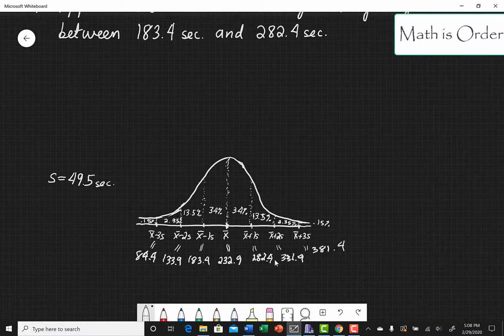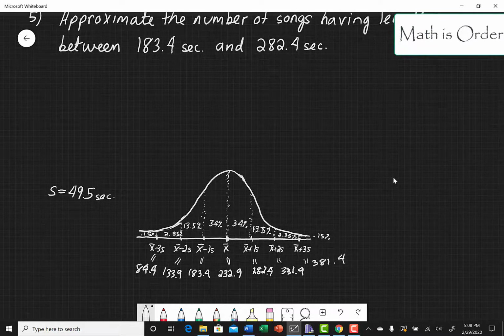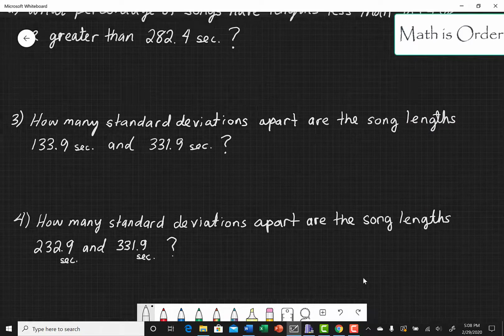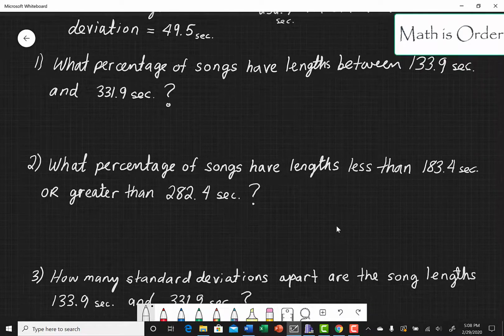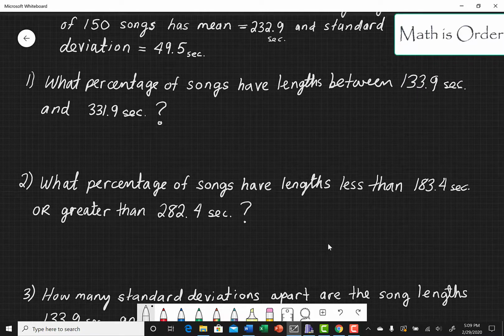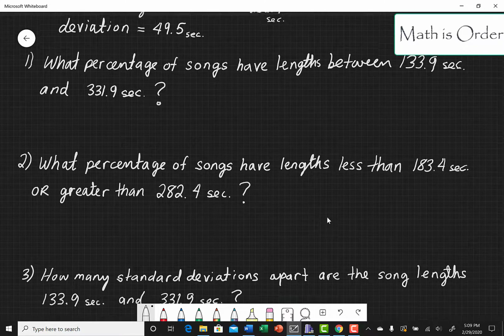All right, now that we've got all of our quantity values given here, we have the percentage breakdown for each region. We should now be able to answer all of the questions. So what percentage of songs have lengths between 133.9 seconds and 331.9 seconds?